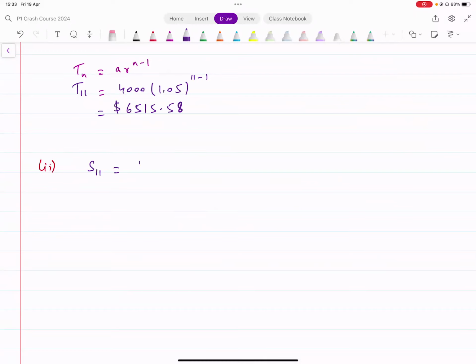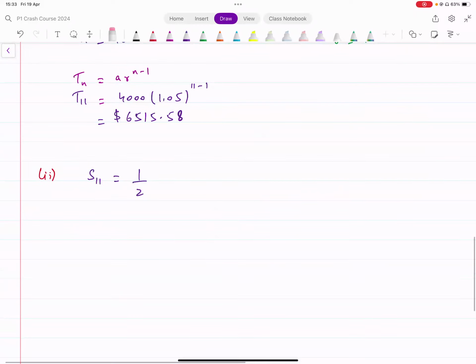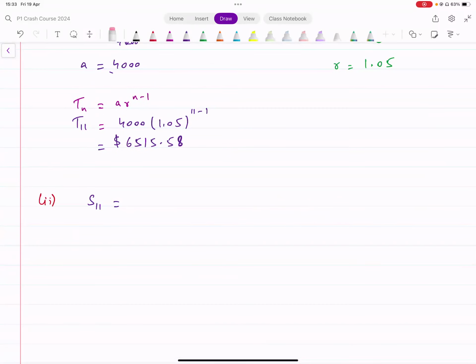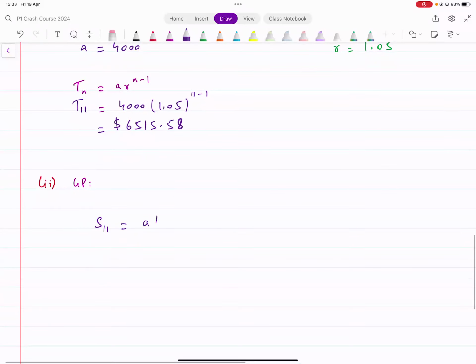What's the sum formula? Half into n... I'm sorry. So again, we need to make sure that you remember exactly which sequence we are talking about. It's a GP. What's the sum formula for a GP? It's a into 1 minus r raised to power n divided by 1 minus r.